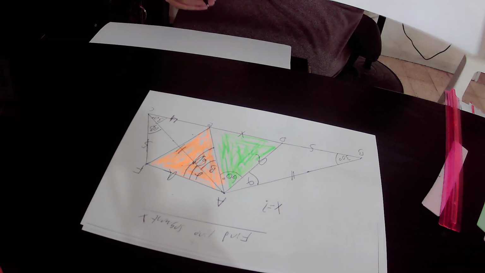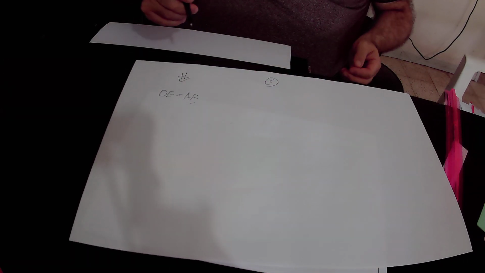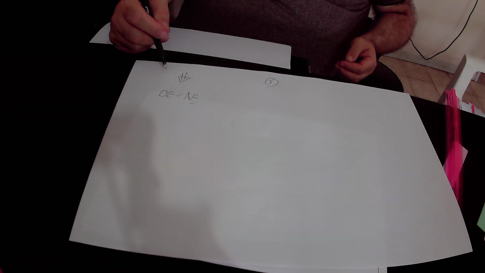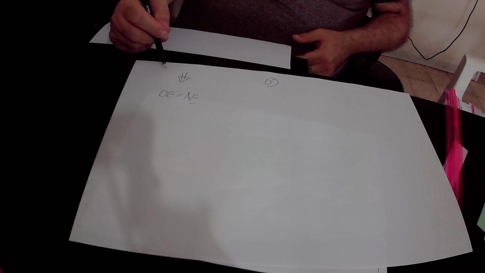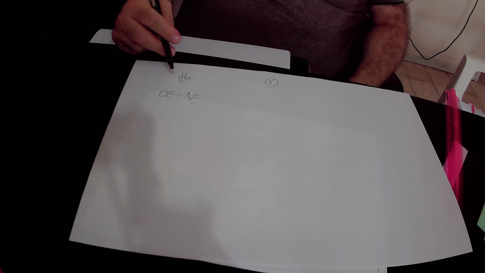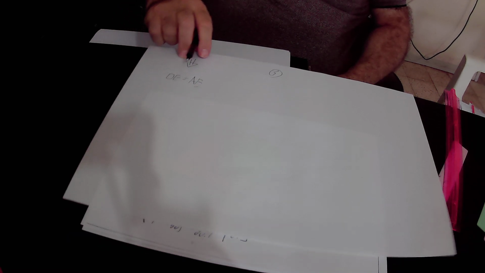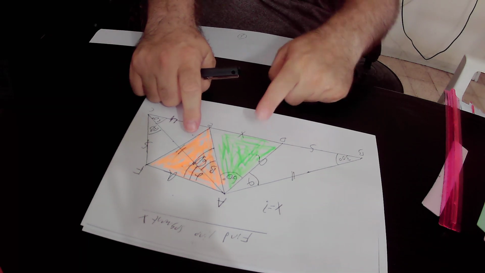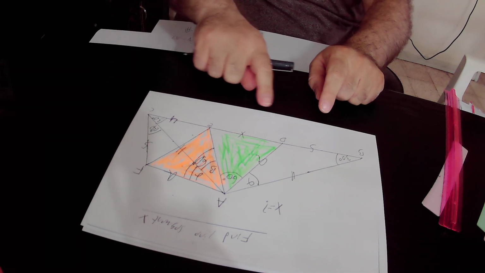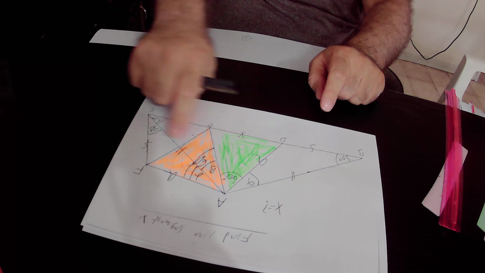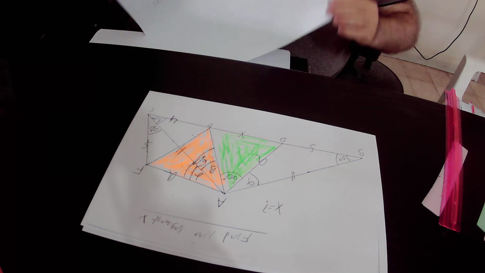I'll repeat again. From the fact that the green triangle can go into the orange triangle, we conclude that DE equals AF according to the rule that corresponding sides in congruent triangles are equal to each other. Those two triangles can go into each other, therefore the corresponding sides, that is DE and AF, will be equal to each other.